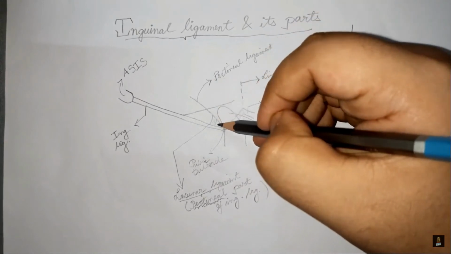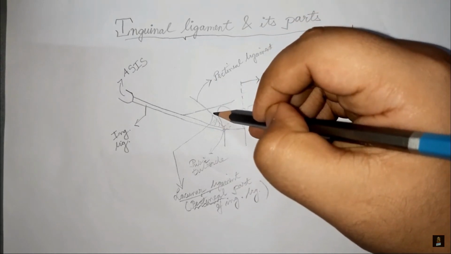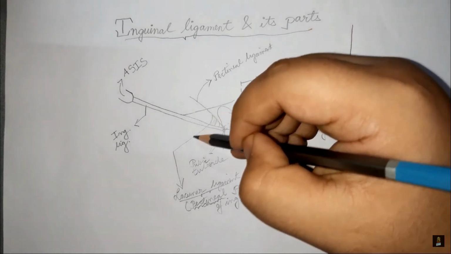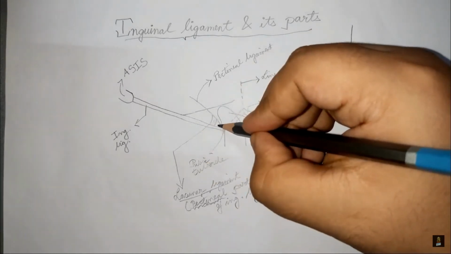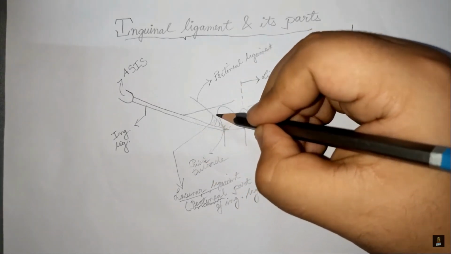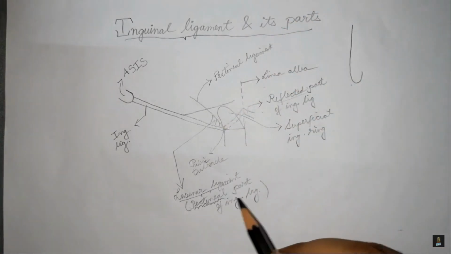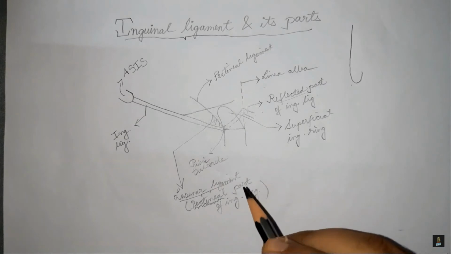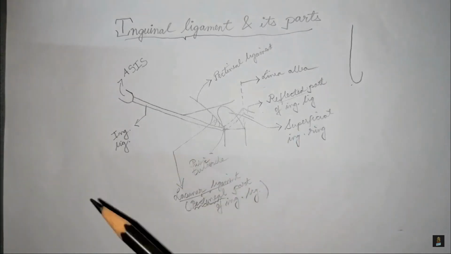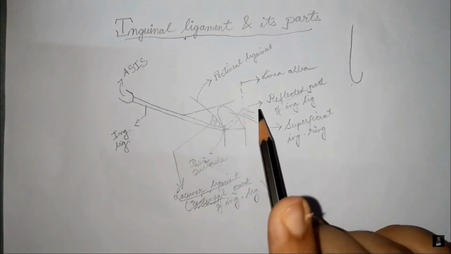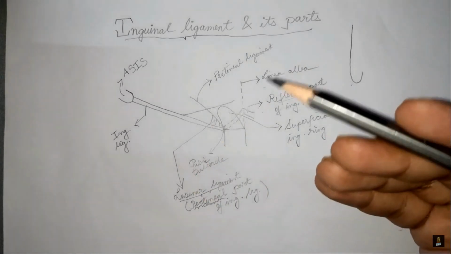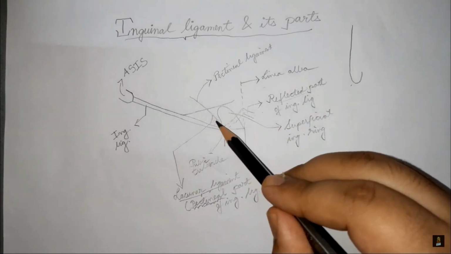So posteriorly, this lacunar ligament is attached to the pecten pubis. Remember, I had said that the pectineal part of the inguinal ligament, this part is coming in the name. Where exactly does it have a pecten pubis attachment? Along the posterior part.